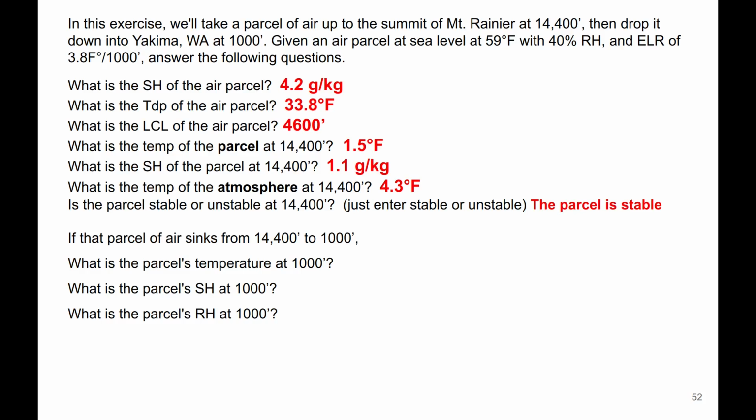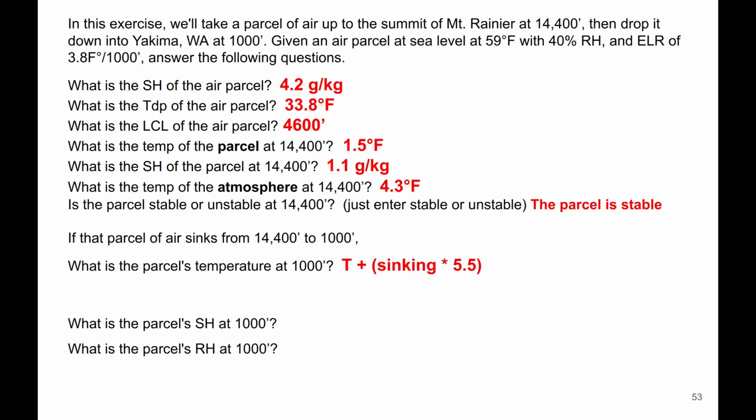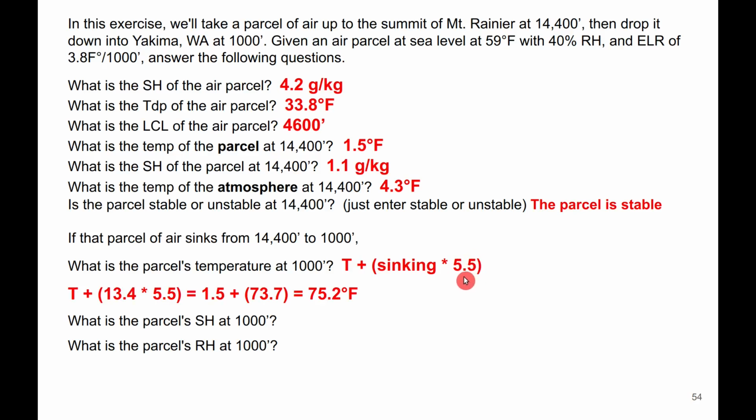All right, parcel stable. So now the parcel of air is going to sink from 14,400 feet down to 1,000 feet. As it does so, it's going to heat at the dry adiabatic rate. To calculate the parcel's temperature, we take the starting temperature at the summit, 1.5 degrees, and add to that how much warmer it's going to get: the sinking in thousands of feet times the dry adiabatic rate of 5.5.